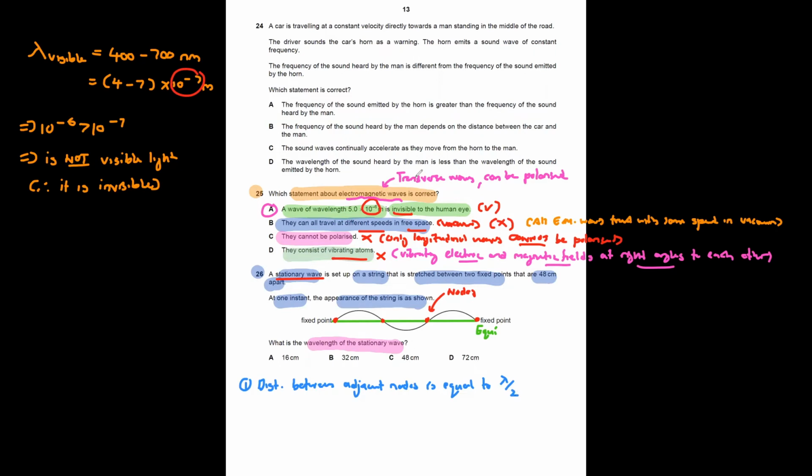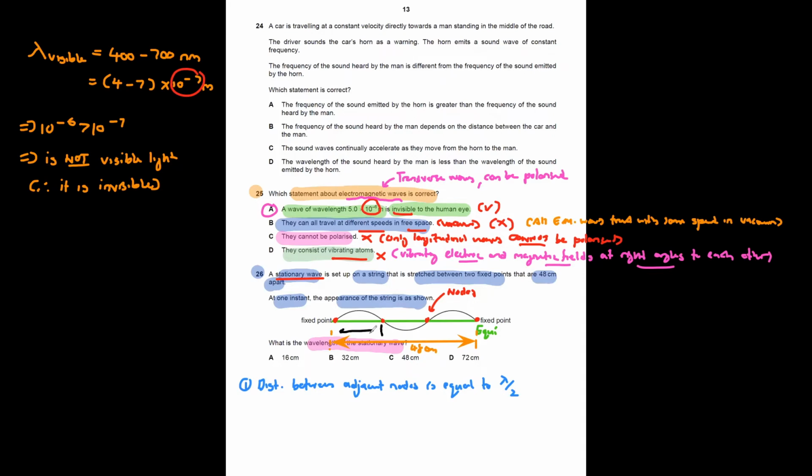In our case, we know that the total length of this string is 48 centimeter. It's already stated inside the question. Let me try to draw it out. This entire length is 48 centimeter. But how many half wavelengths do we have inside?